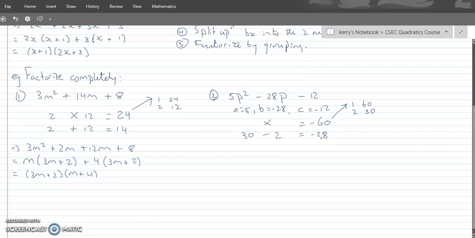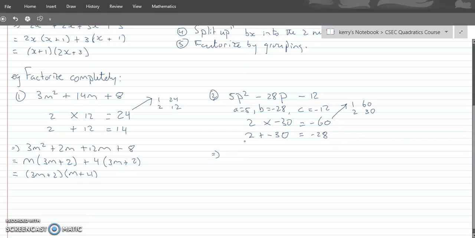But we want negative 28. So all we have to do is switch that around to negative 30. So technically 2 plus negative 30 is negative 28, and 2 by negative 30 is negative 60.